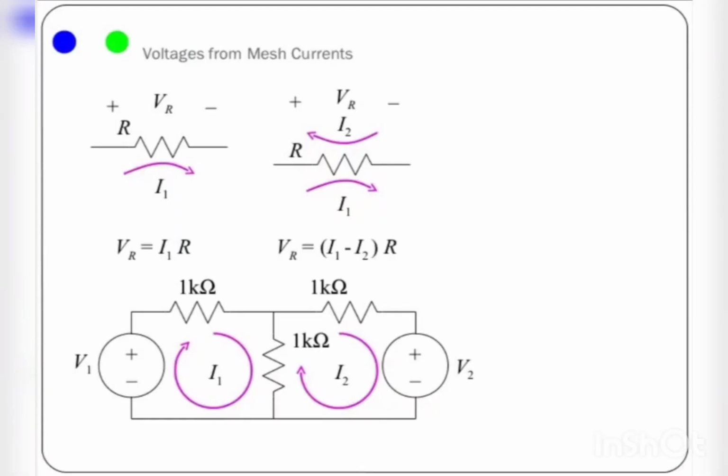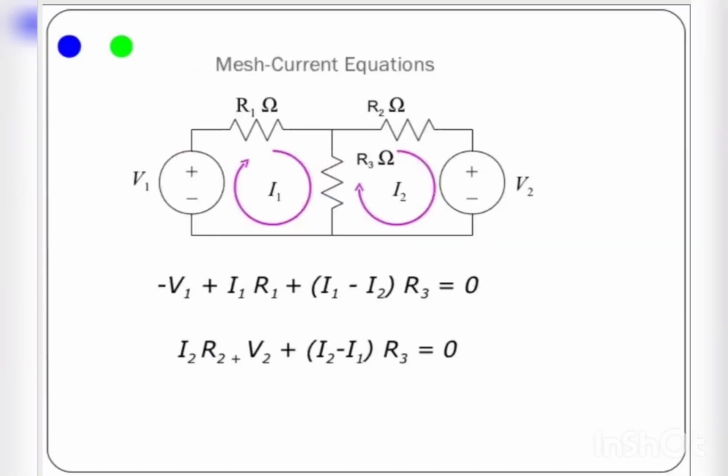That is, VR is equal to I1 R. For the shared resistor, VR is equal to I1 minus I2 times R, and we need to find the voltages of the given circuit and write the mesh equations.